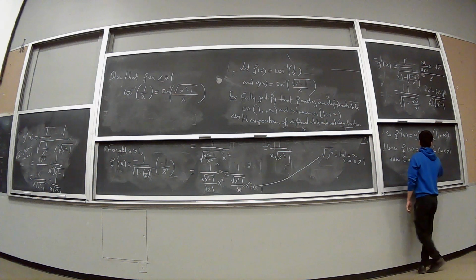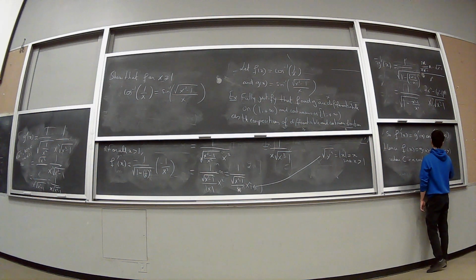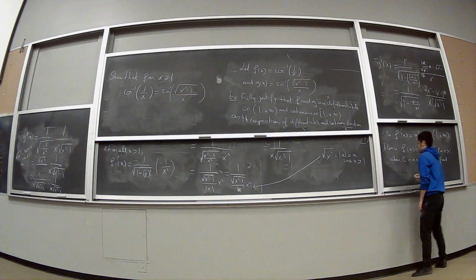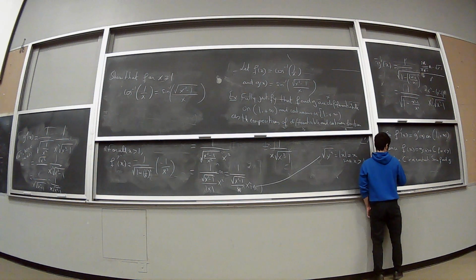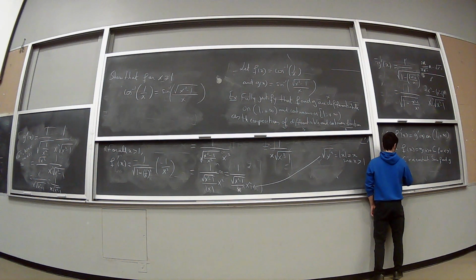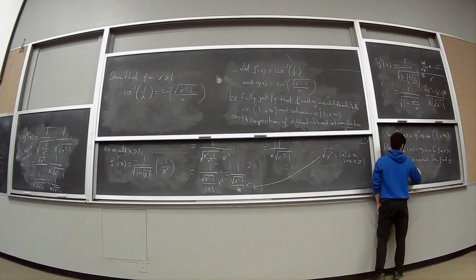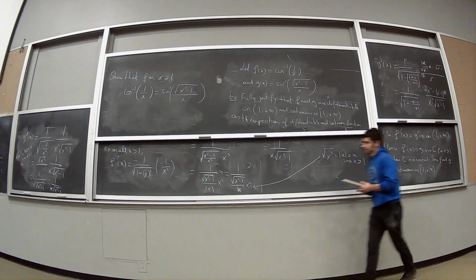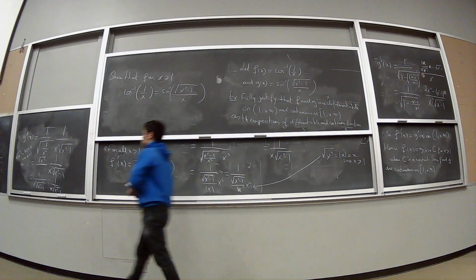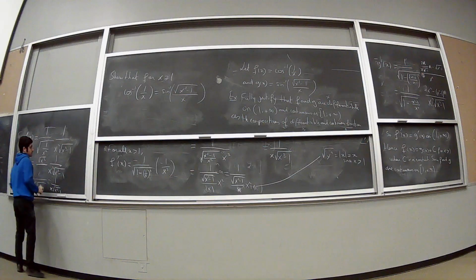Now, since f and g are continuous on [1, infinity), then f is equal to g plus c on the whole closed interval [1, infinity).